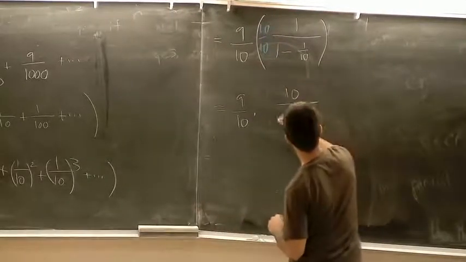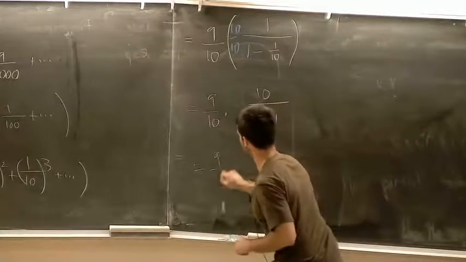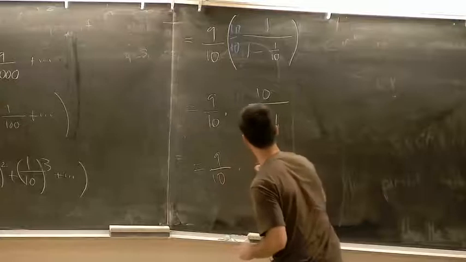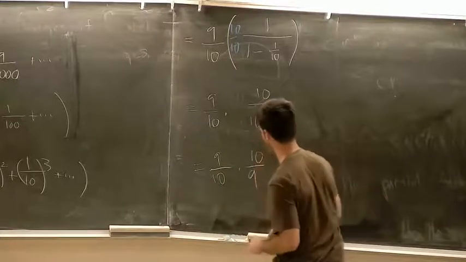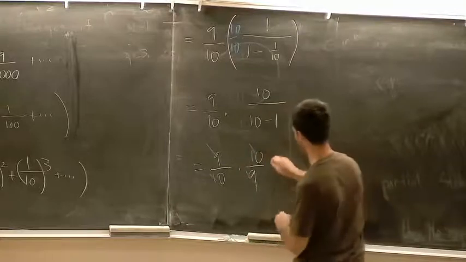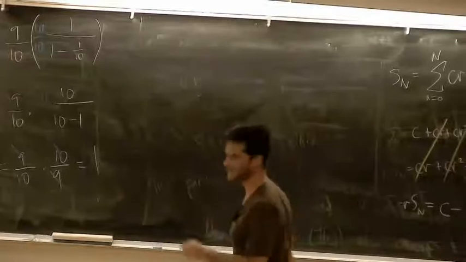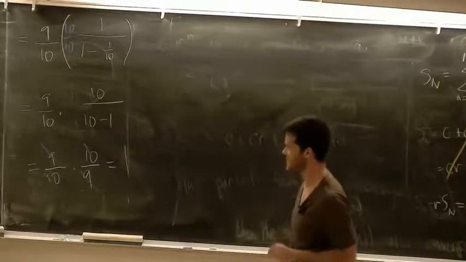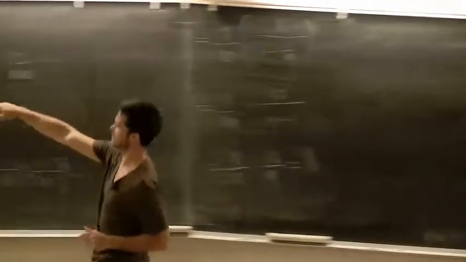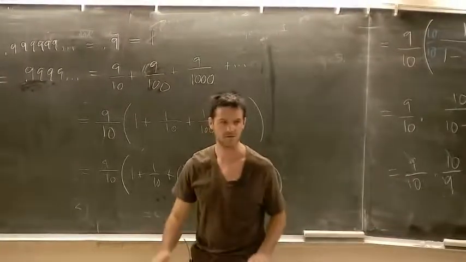We get 10 over 10 minus 1. So that's 9 over 10 times 10 over 9. Everything cancels, and we just get 1. Why do you think so? I thought so too. Yeah, it's pretty neat. So yeah, this is the 0.9 repeating, exact same thing as 1.